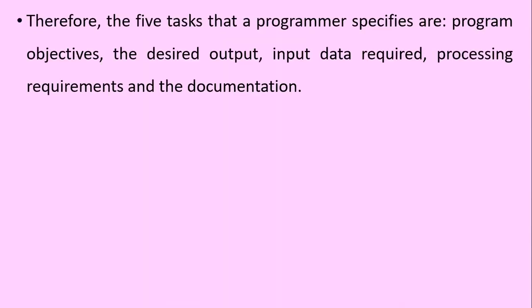Therefore, the 5 tasks that a programmer specifies are: number 1, program objectives; number 2, the desired output; number 3, input data that is required; number 4, processing requirements; and number 5, the documentation.